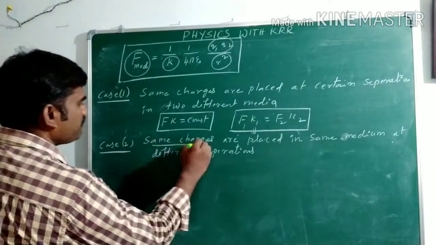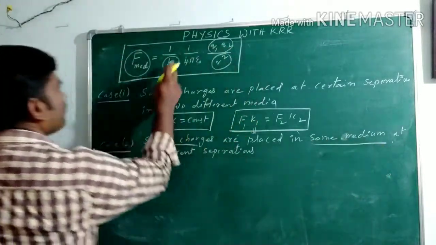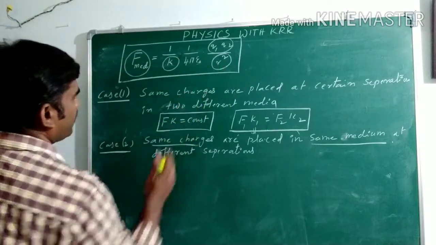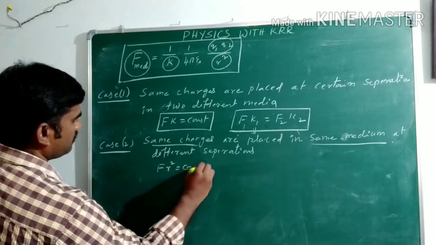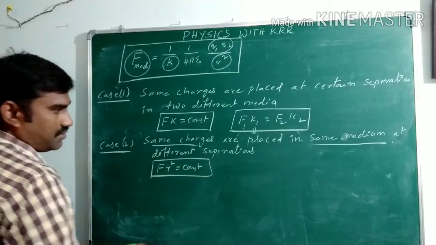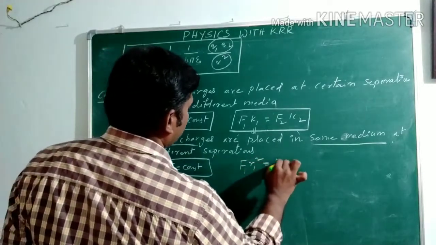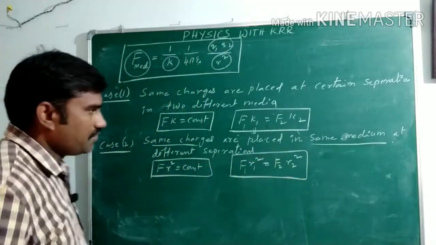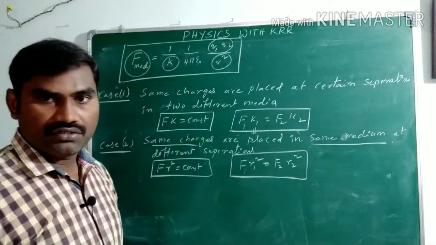So same charges, placed in same medium. That means K is also same. Then what happens? F into R square is constant, which means F1 R1 square is equal to F2 R2 square. So we will practice the numericals based on every formula.